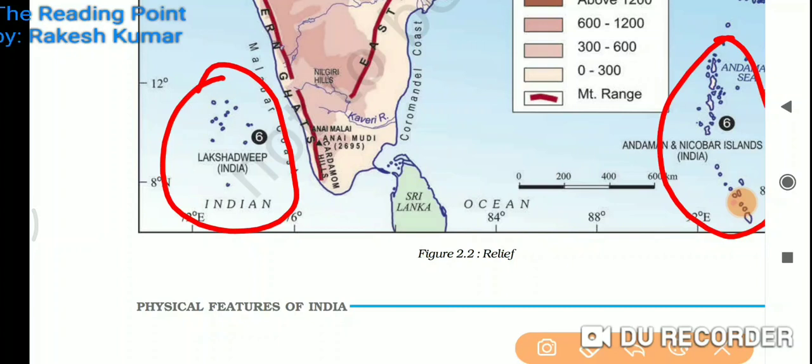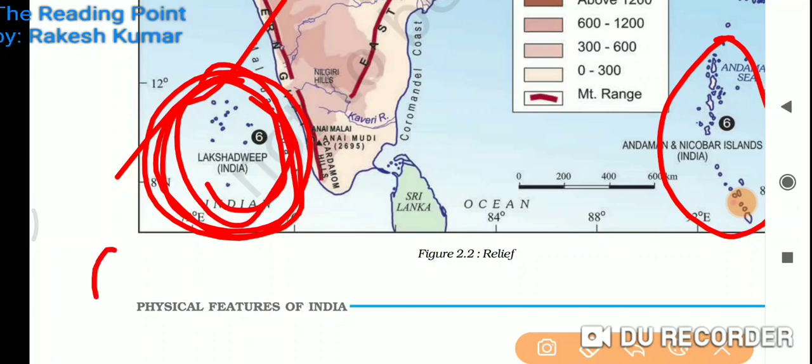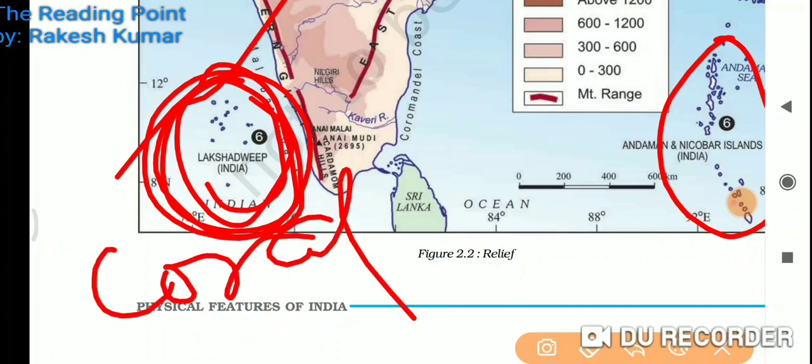One is the Lakshadweep islands in the Arabian Sea, and the other is the Andaman and Nicobar islands in the Bay of Bengal. These islands are coral in origin. This is a very important question for the exam.